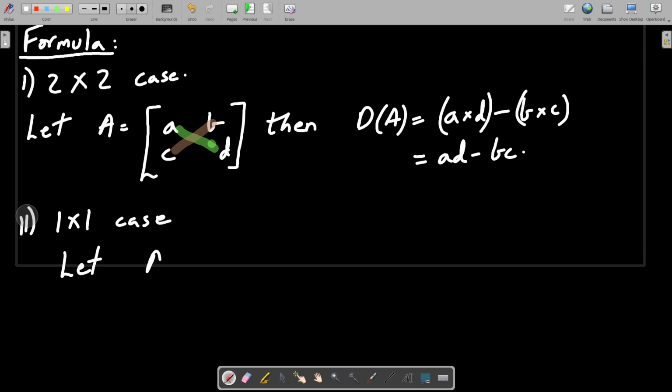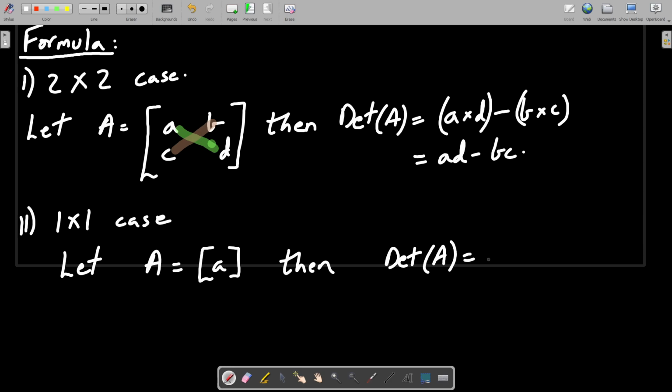Let A be equal to a single 1 cross 1 matrix A, then determinant of A is just going to be a single A, without the boxes. When you write square brackets around, it means you are talking of a matrix. If you just write it like this, you are talking of a scalar.